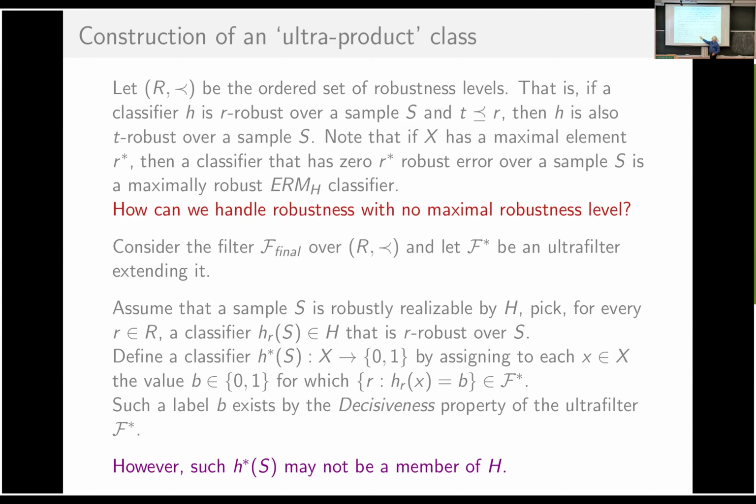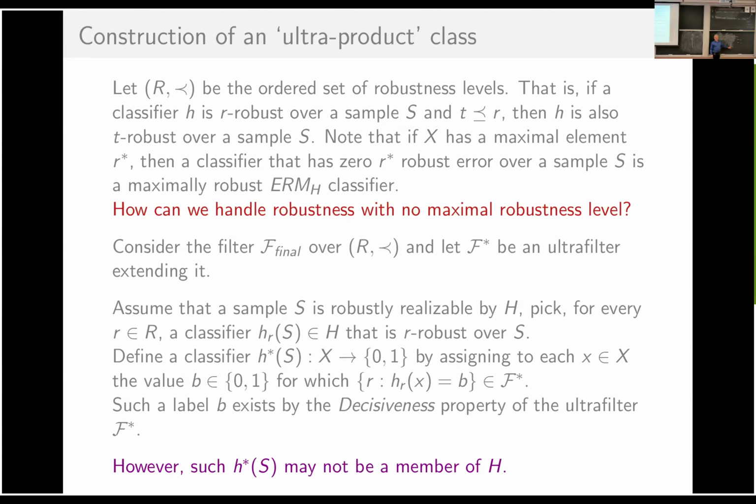If I fix X, the set of R's that give me label 1 and the set of R's that give me label 0 are two complementary subsets of my set capital R. So one of them is in the ultrafilter. And that is how I will decide how to label the point X here.